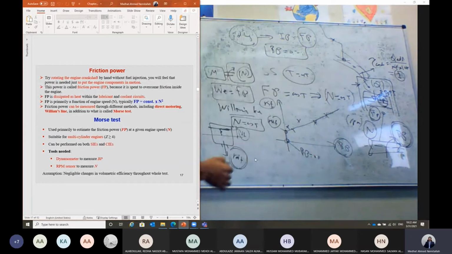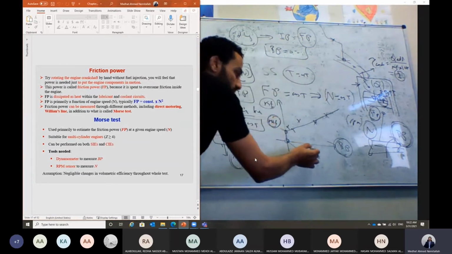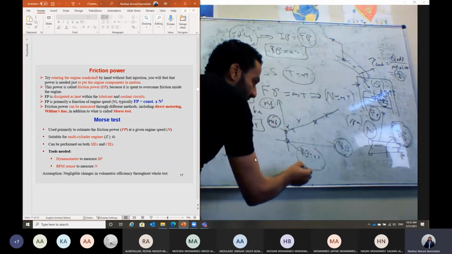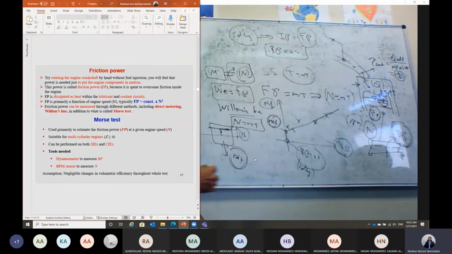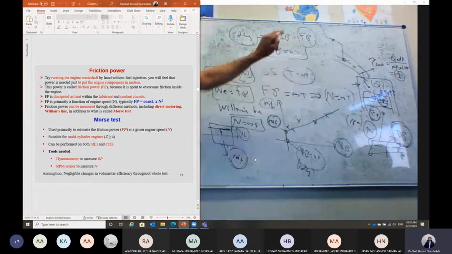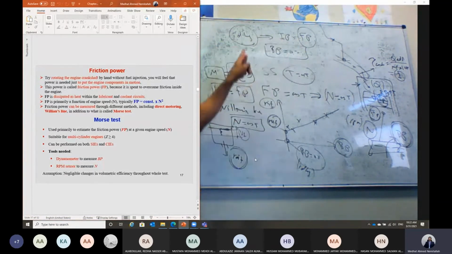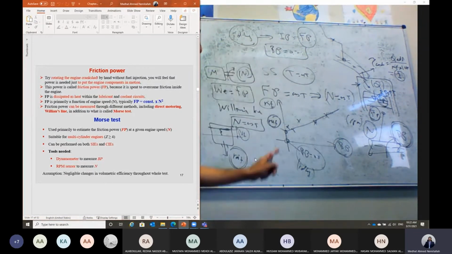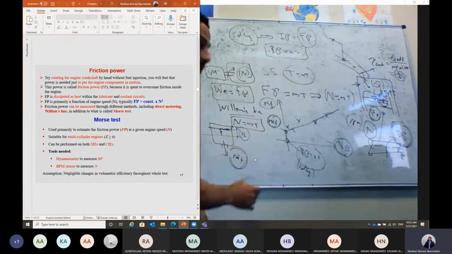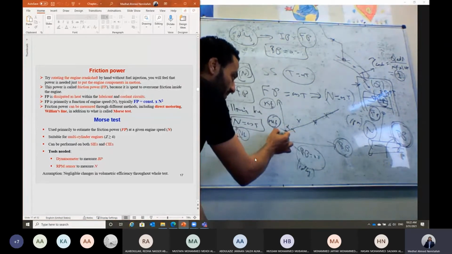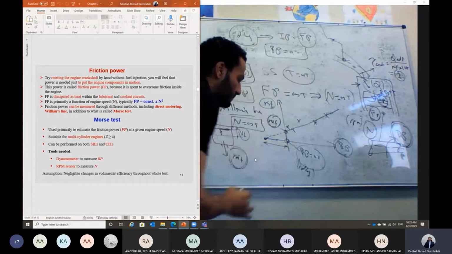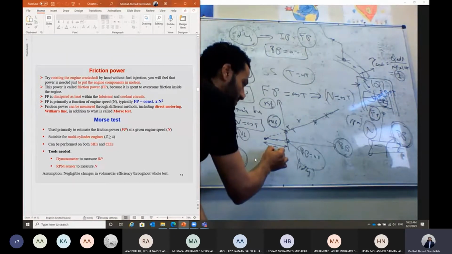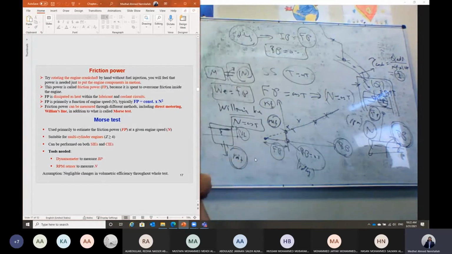So this is the mass flow rate of the fuel consumed under the idling condition, when the engine is running but the car is not moving. We say the friction loss power should equal the indicated power under the idling condition, and in this case the brake power is equal to 0. If I extrapolate this line and get the intersection with the horizontal line, this difference should be equal to the friction loss power.